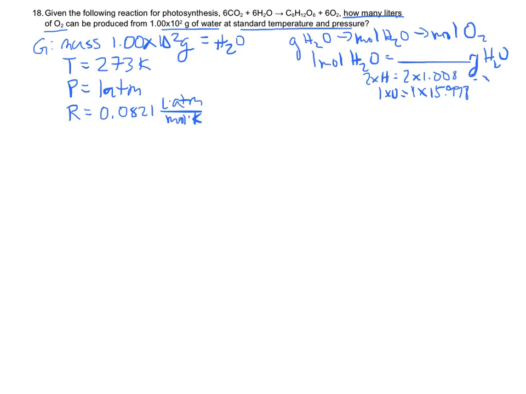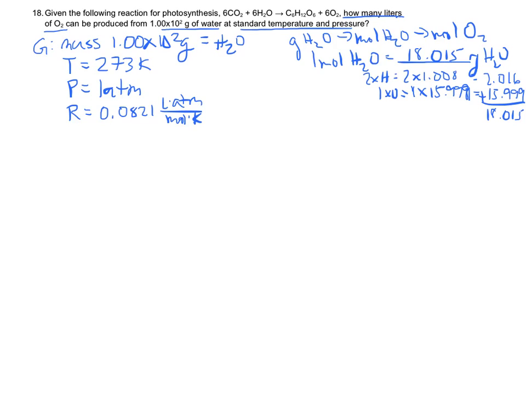So that's 2.016 plus 15.999. When you add those together, you get 18.015. That's the molar mass of water.